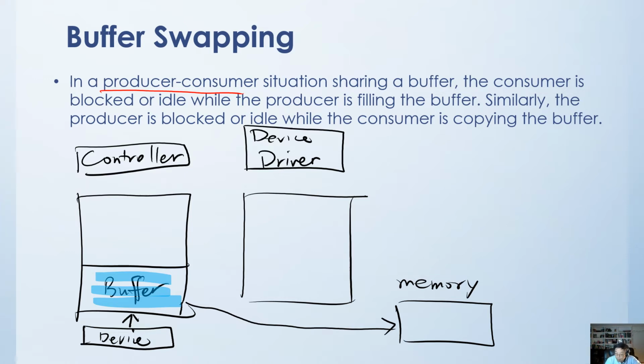Instead of one buffer, we use two buffers. For example, if we have two buffers here, a device can copy the data to one buffer and the driver can copy the data to the memory from another buffer. Buffer 1, buffer 2. That's something we're going to talk about. It's called buffer swapping.